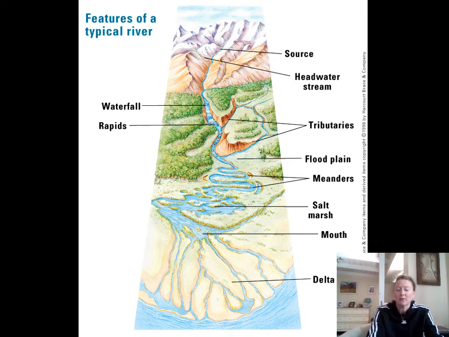The tributaries will lead to a larger river system, and then it heads out to, in this case, an ocean. The mouth of the river is usually like the end of the river, and the delta area is where we have that mixing of sediments, of freshwater and saltwater.